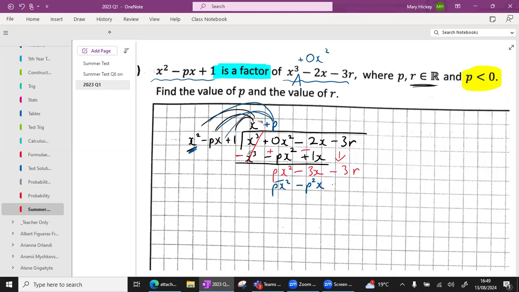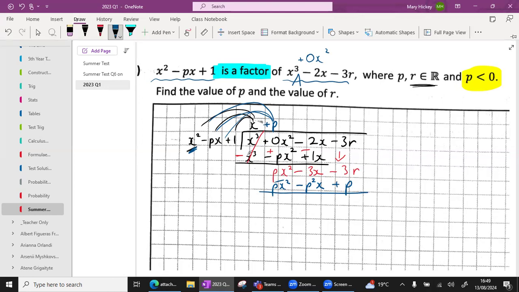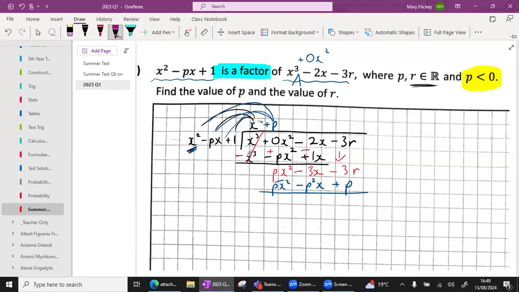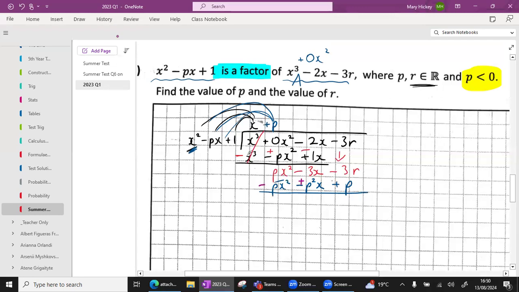P by 1 is p. Now, again, I normally change my signs across. So I will change minus, plus, minus. They cancel. Now, I have minus 3x plus p squared x. And I have a minus 3r minus p.